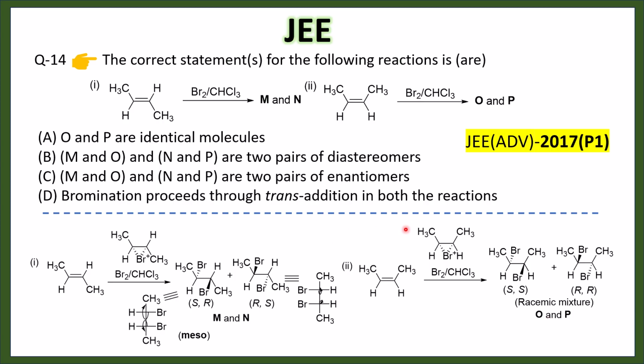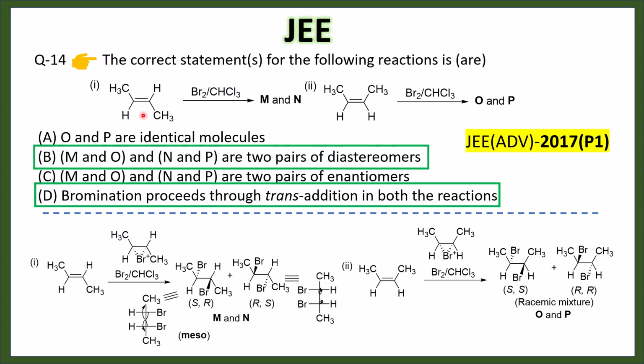Bromination goes through trans-addition in both reactions we have seen, as it happens through the cyclic bromonium ion intermediate. Now these two options are the correct options, and the statement that MO and NP are two pairs of enantiomers is not true.